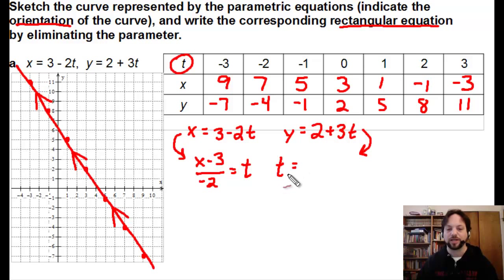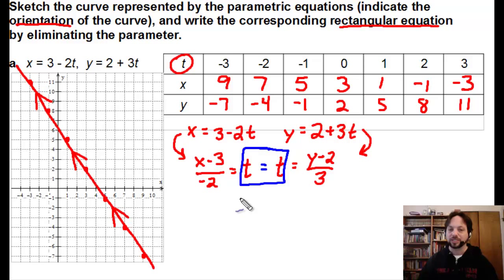If I do, I will end up with time equals (y - 2)/3. Now, why did I do that? What's the point? Well, the important thing to notice here is that both of these equations are equal to time. And so what I can essentially do is just get rid of the times and say this equation equals this equation.